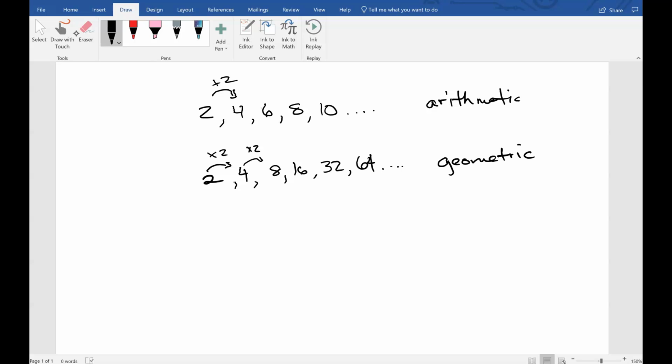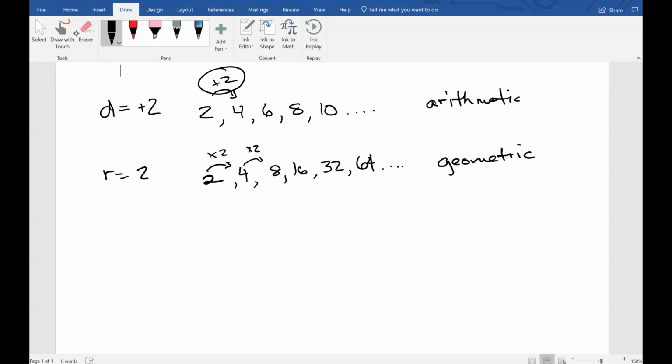The definition of a geometric sequence is a sequence in which the consecutive terms differ by a constant multiplier called the common ratio. Here, the adding of the 2 is what's called the common difference. It's a positive 2, and the common ratio, a common multiplier, is a positive 2 as well.